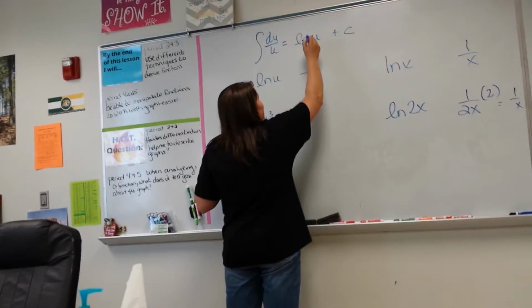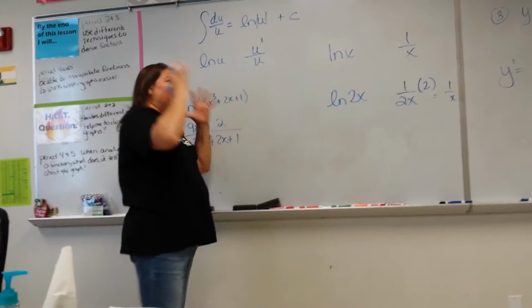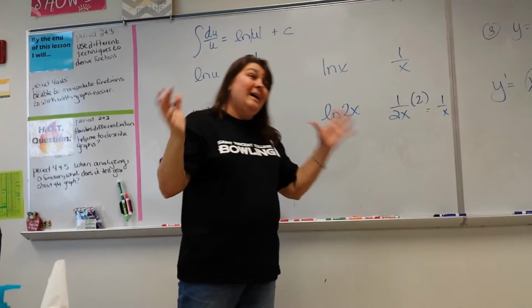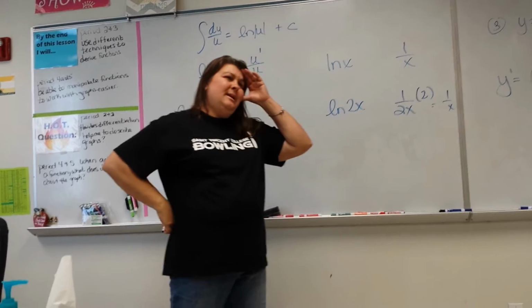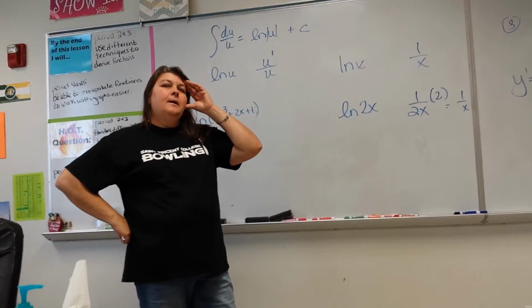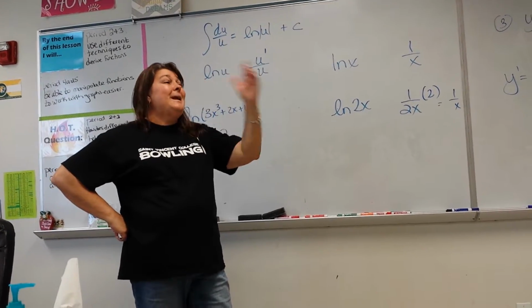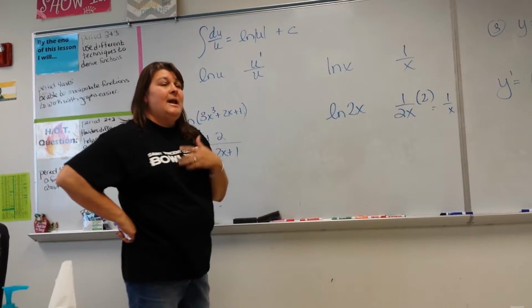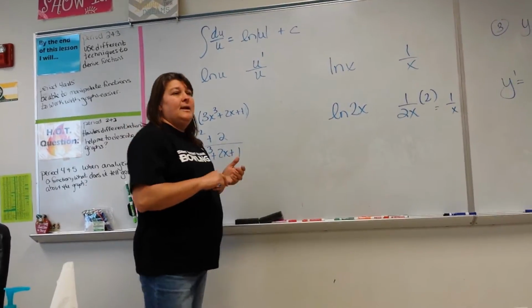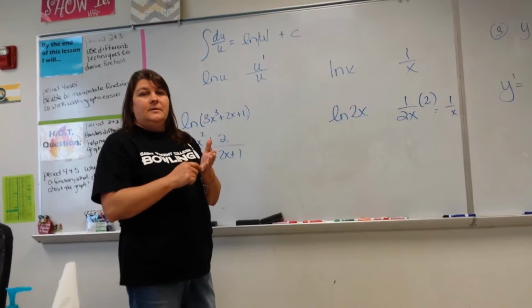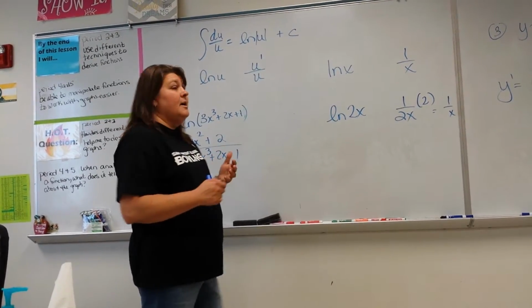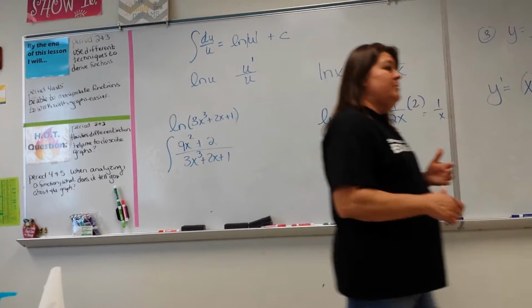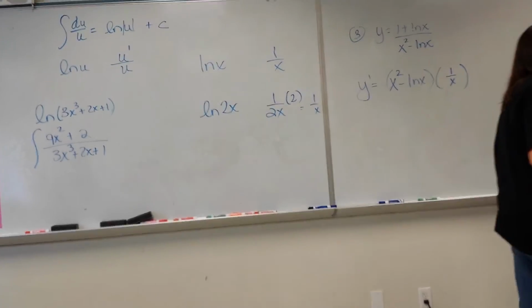Now, something else to think about. It's actually the natural log of the absolute value of u. What does absolute value mean? Distance from 0. It can't be negative. If you take natural log with your calculator right now, plug in ln of 3.